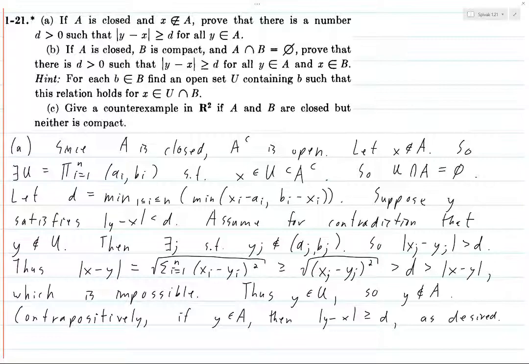Another thing to note here is that this d might not be optimal, because it's sort of interesting. When you look at this inequality where we went from a sum of (x_i minus y_i) squared to being greater than just the norm of x_j minus y_j, we threw out n minus 1 terms. So we threw out a lot of information, and so this is a very rough estimate. If you're thinking about estimates, I feel like a lot of times the most difficult estimates to prove are the ones where you can't throw out very much.